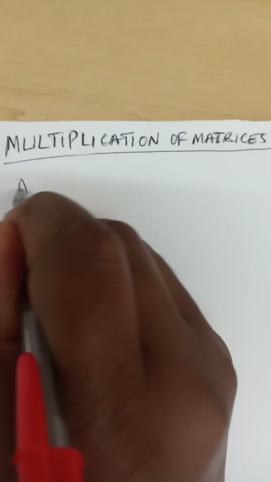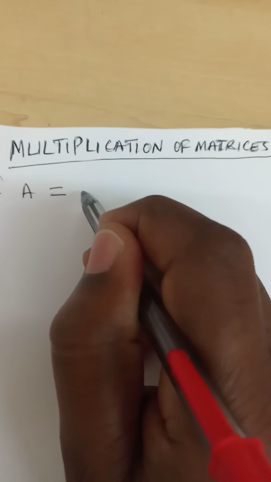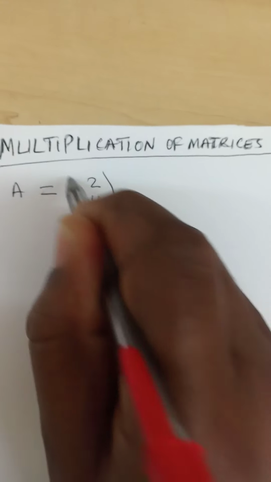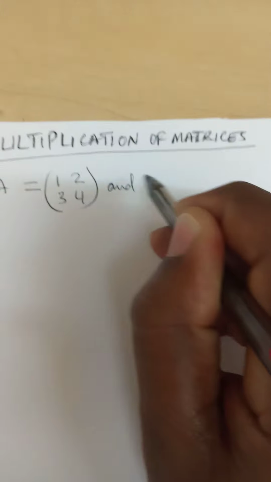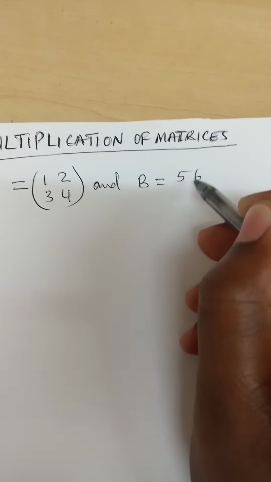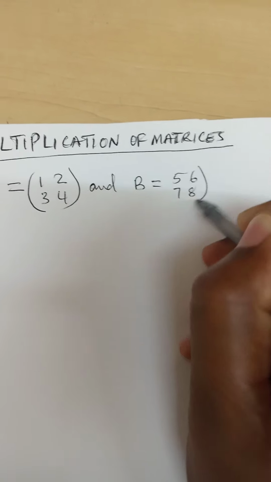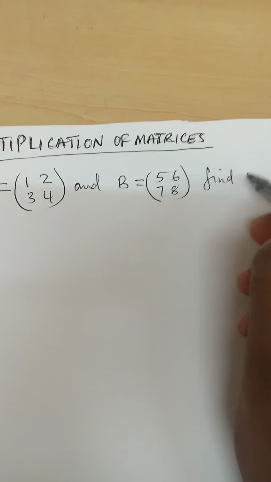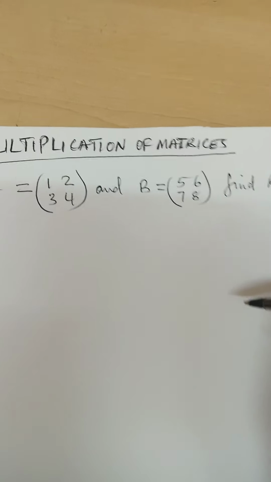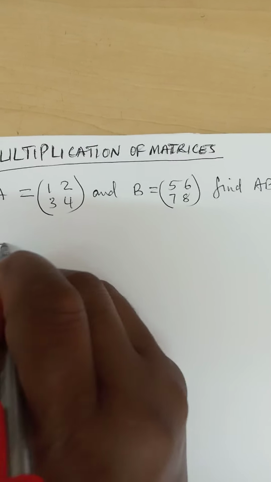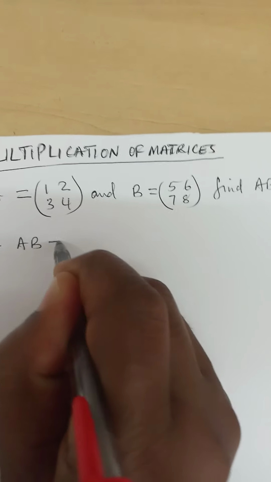We shall consider two matrices. If I have a matrix A, 1, 2, 3, 4, and another matrix B, 5, 6, 7, 8, and we are told to multiply by finding AB, we shall do this multiplication by following the order.